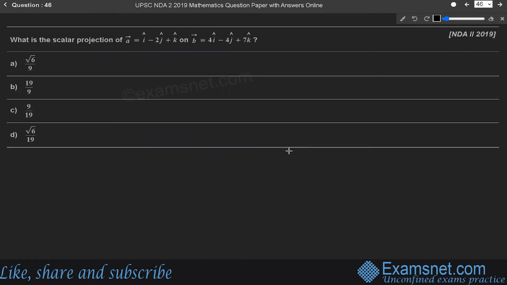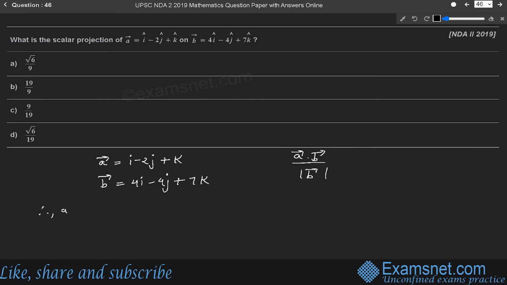Next question is, what is the scalar projection of A vector, which is i minus 2j plus k, on B vector, which is 4i minus 4j plus 7k? We know that the projection of A vector on B vector is equal to A vector dot B vector divided by mod of B vector.